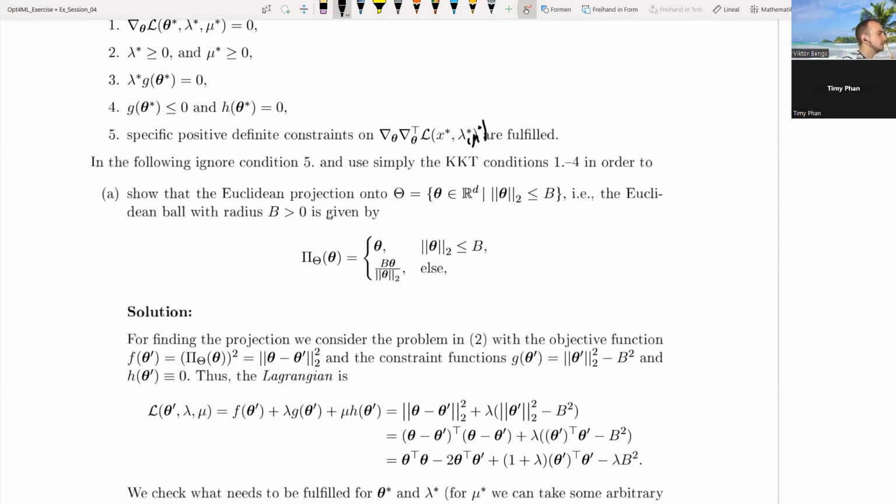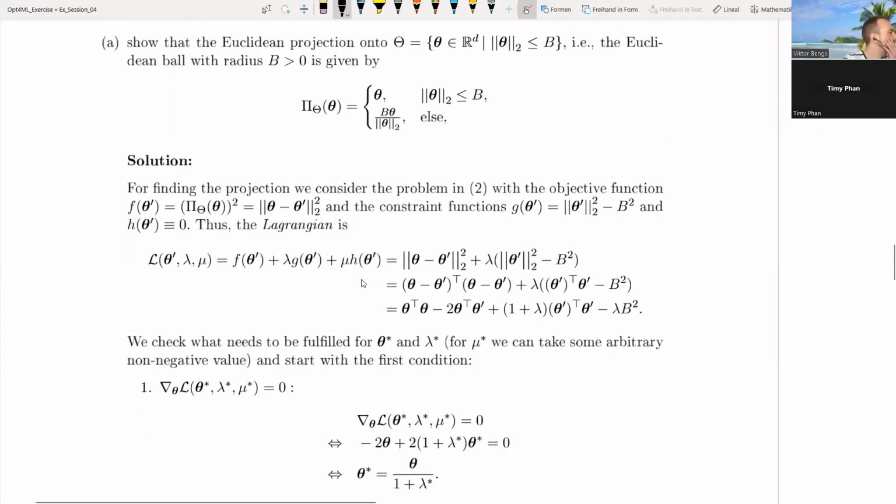And what we will do now is use this analytical way via the Karush-Kuhn-Tucker conditions to compute the Euclidean projection onto the Euclidean ball with radius b, where b is some value strictly greater than 0. In the lecture we did this already, but with the algebraic proof; now we want to go this analytical way.